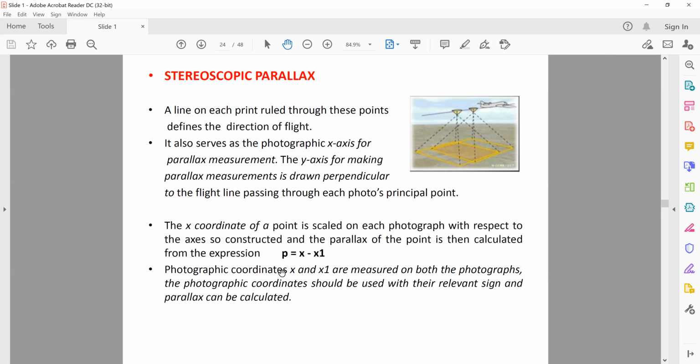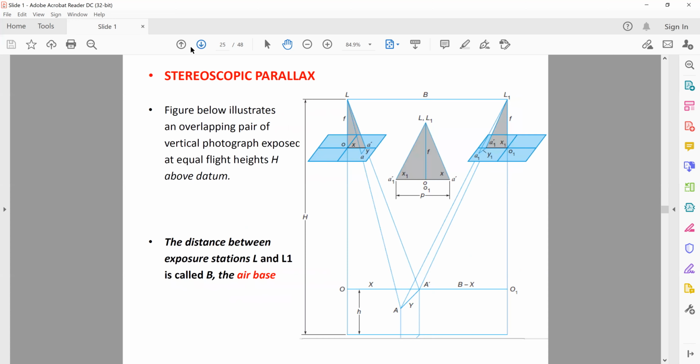Photographic coordinates x and x1 are measured on both photographs and used with the relevant sign, and then parallax can be calculated. With reference to the same origin, whatever the signs may be for the x coordinates, because the object could be on either side of the axes, left or right, the sign could be negative. So you take it with whatever sign there is, and you calculate the parallax.